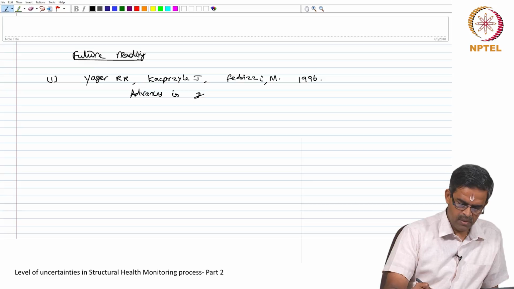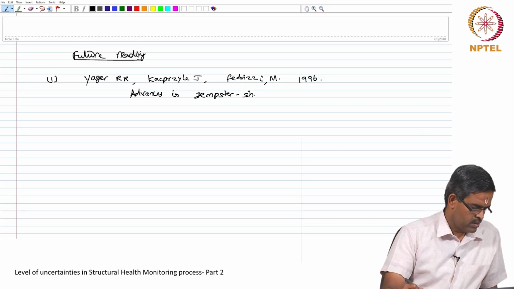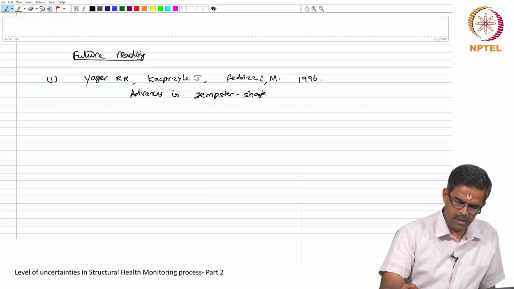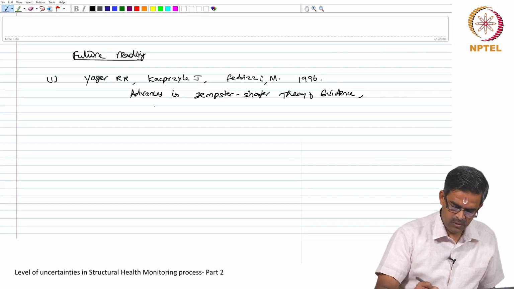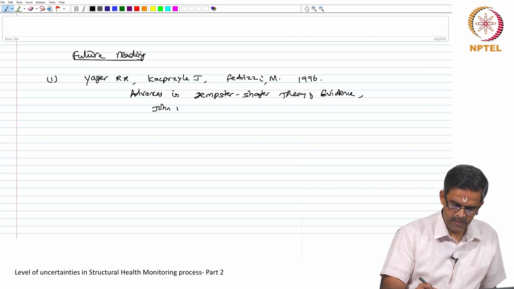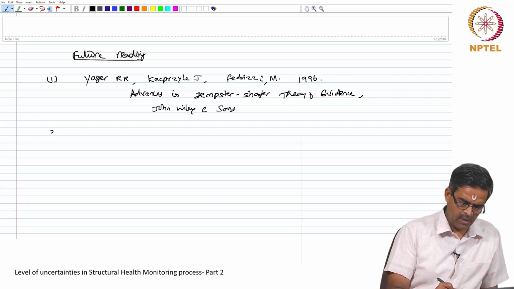Advances in Dempster-Shafer theory of evidence, John Wiley and Sons. It is a book which talks about this kind of distribution.